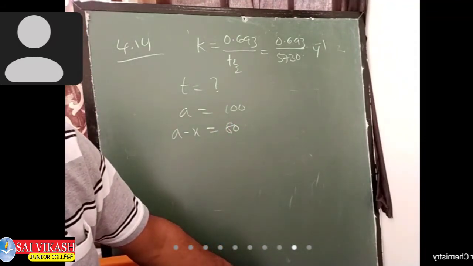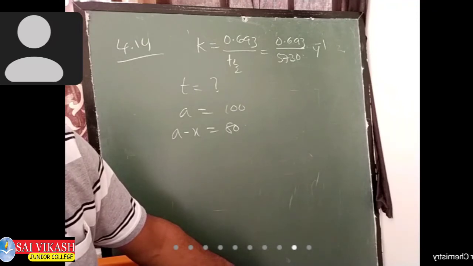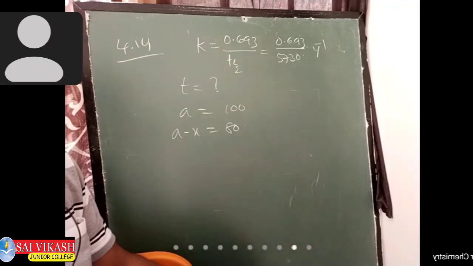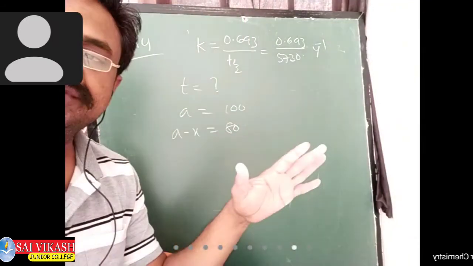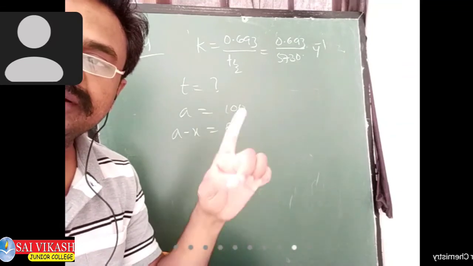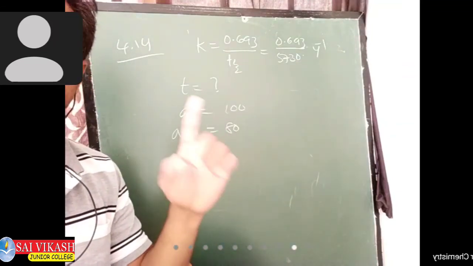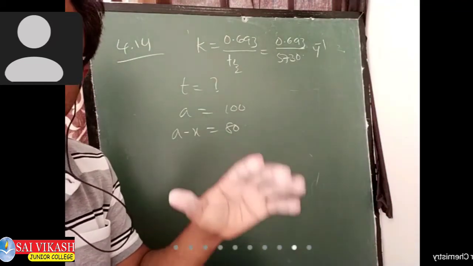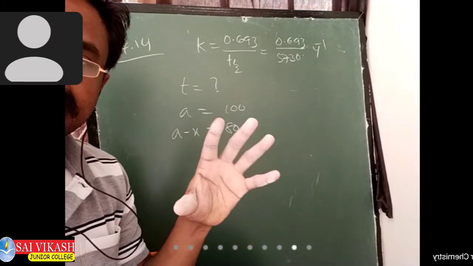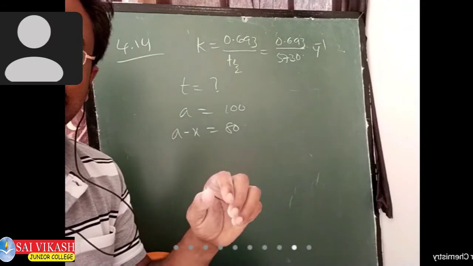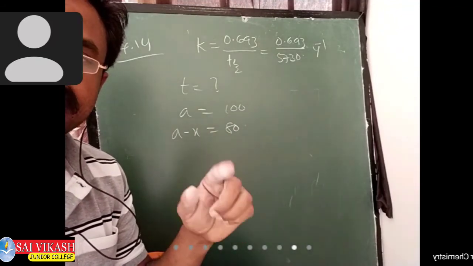An archaeological artifact containing wood has only 80% of the C14 found in the living tree. Actually, this will come in nuclear chemistry. They call this carbon dating. Carbon dating means by using this C14 radioactive element, the age of the samples we can find out. Age of the rock, age of the tree.